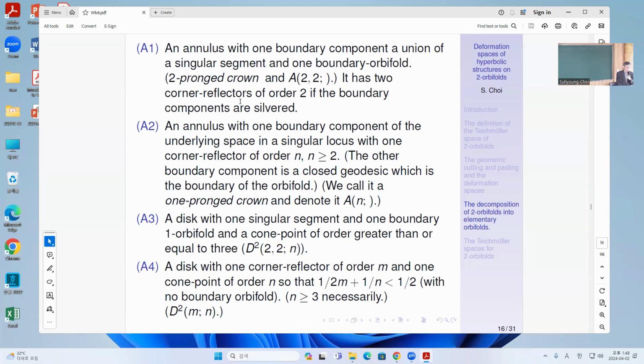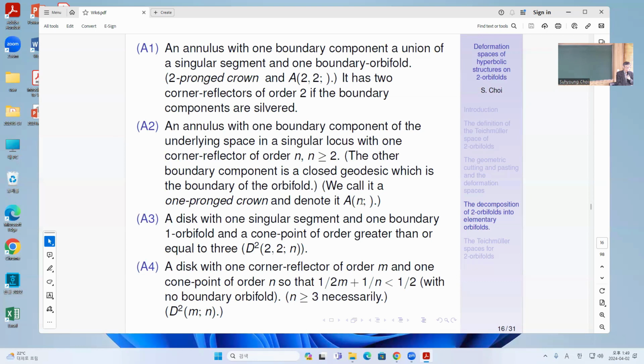So it has two corner reflectors if the boundary component is severed. The other case is an annulus with one boundary component, with singular locus with one corner reflector of order n greater than or equal to 2. It's just a union of one mirrored silver point, but there's one corner reflector with some order n, greater than or equal to 2.